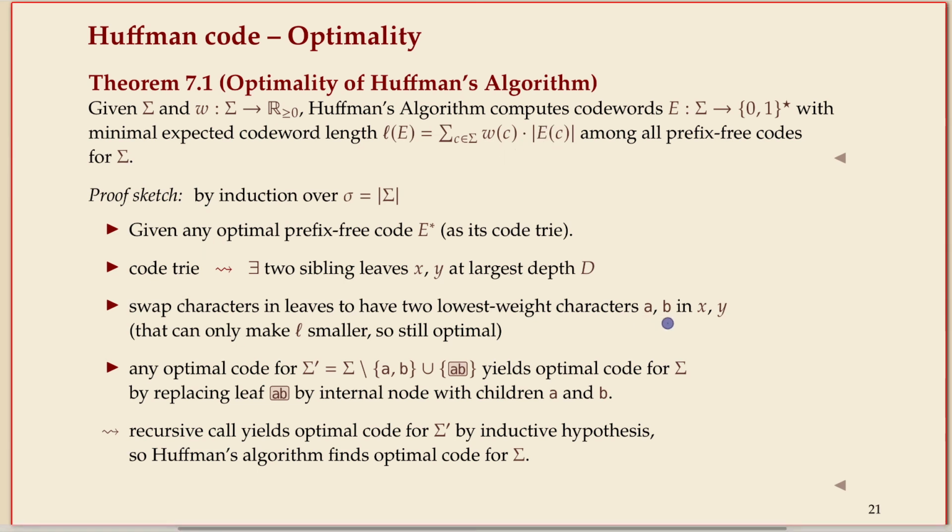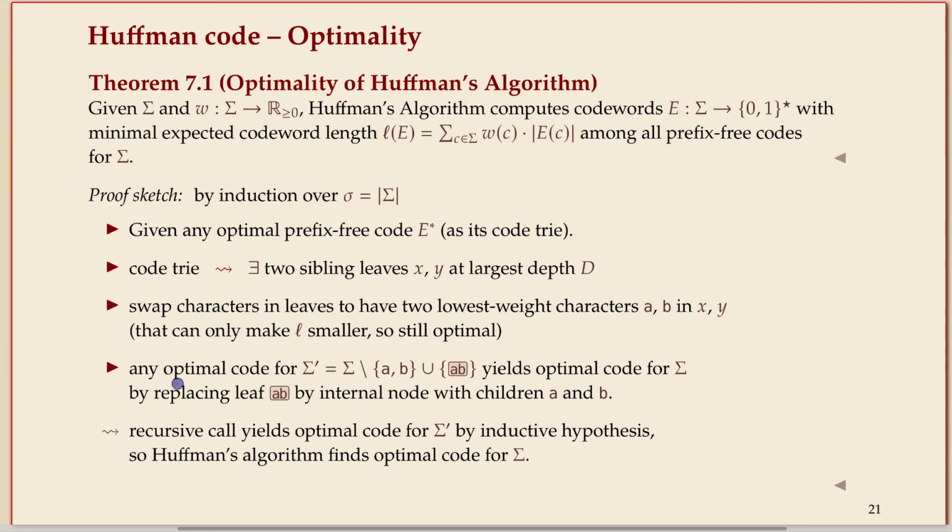But the thing we move down has minimal weight. So we definitely can only gain by doing this swap. And since the code was optimal, the new code must be still optimal. It can't be better than optimal. So we find the 2 characters A and B with minimal weight, and we swap them with x and y. And that still leaves us with an optimal code.